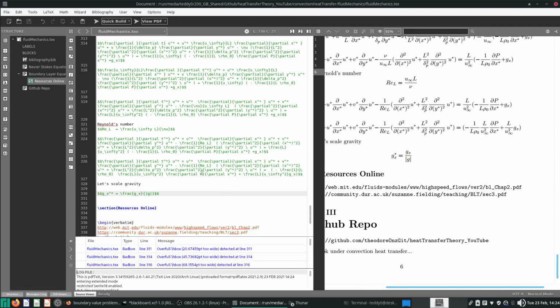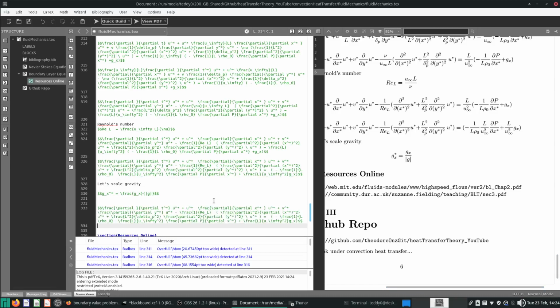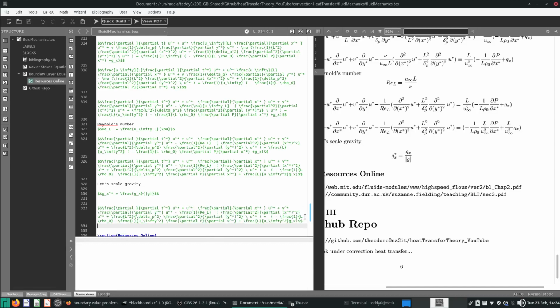So we can substitute this in, and of course we can get rid of the L's over there. The L on top and the L at the bottom will cancel out, and gx will be gx star times the magnitude of G, which I can just put on top.